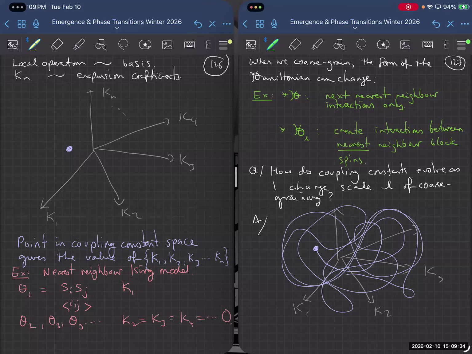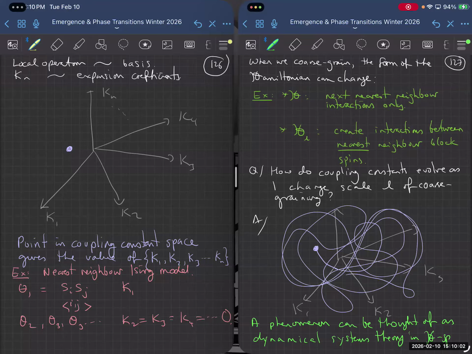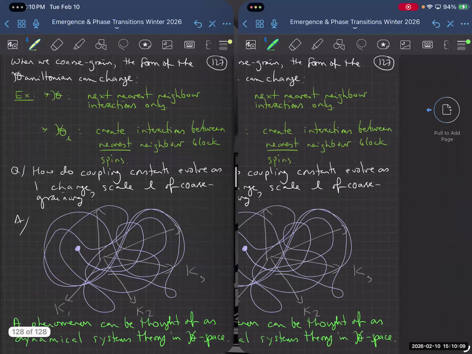So this then is a phenomenon that can be thought of as dynamical systems theory in Hamiltonian space. And so that's what we are going to do. So that is the basic idea.